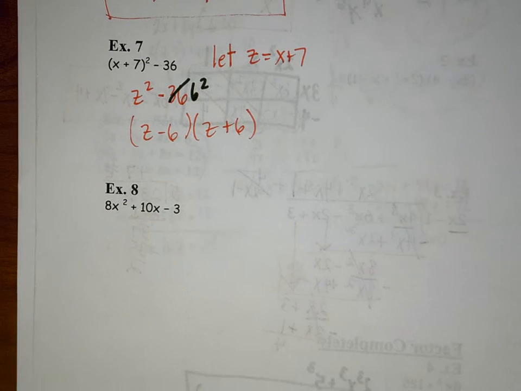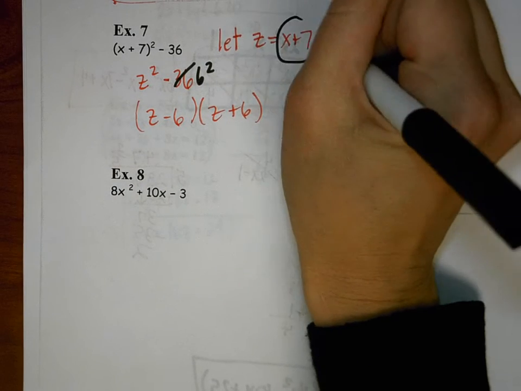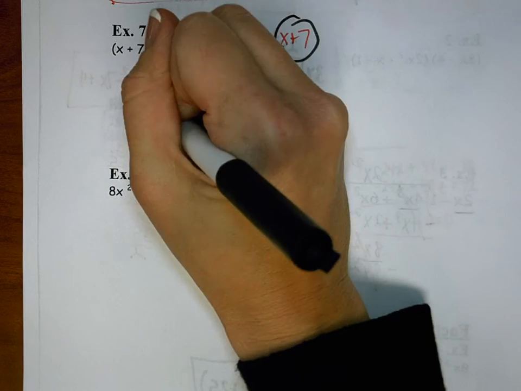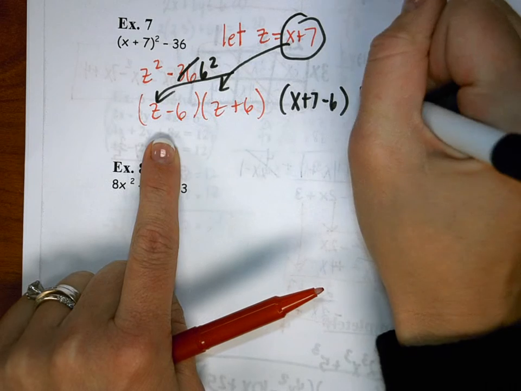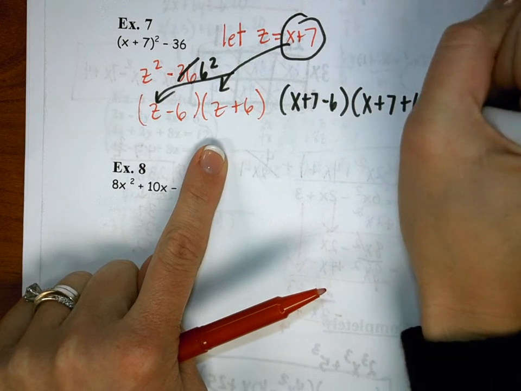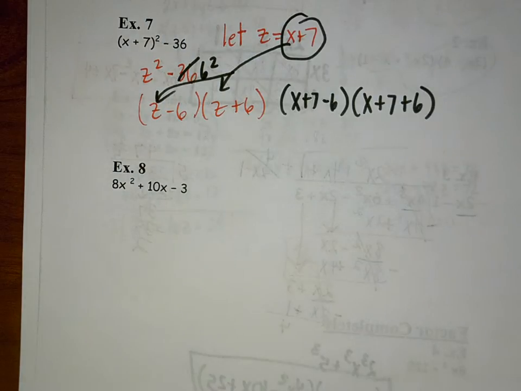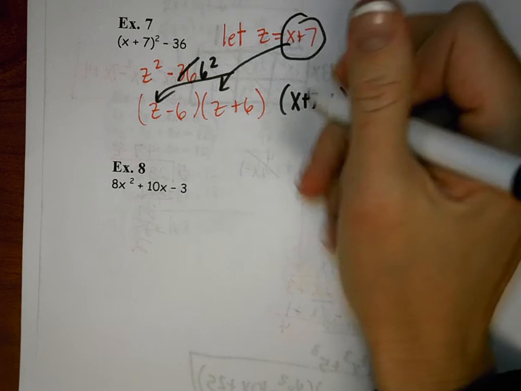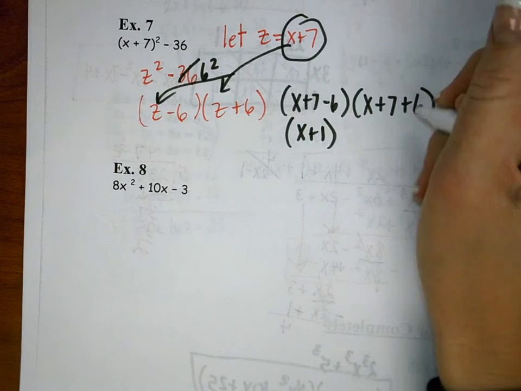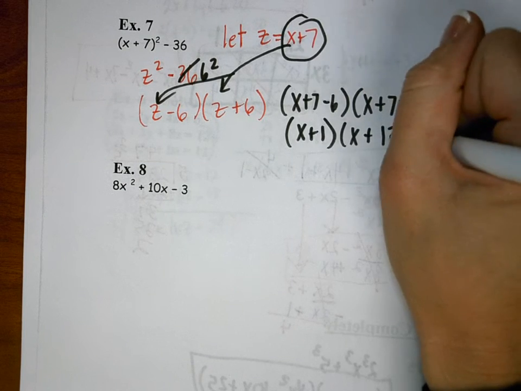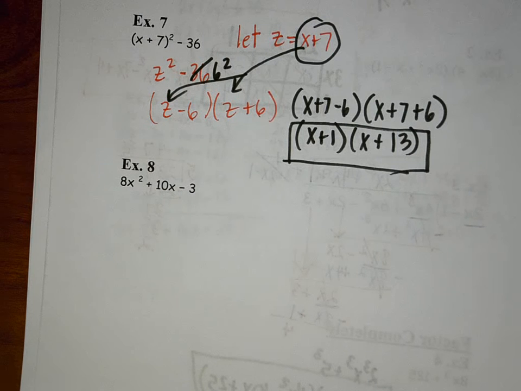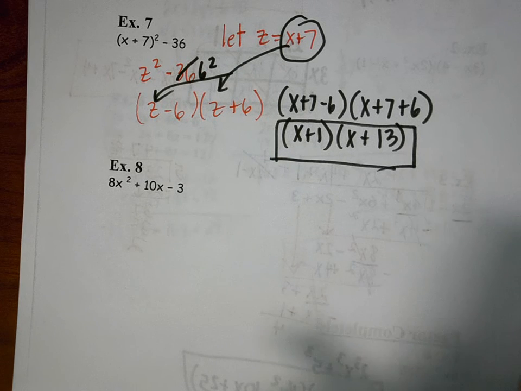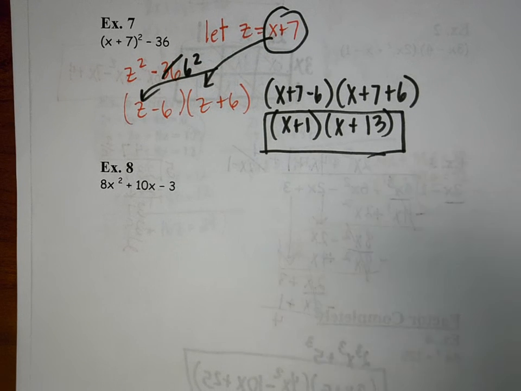What you need to remember is that you need to plug back in your x plus 7 for the z's. So when I do that, I have x plus 7 minus 6 and x plus 7 plus 6. And then you want to simplify. 7 and negative 6 simplifies to x plus 1, and 7 and 6 makes x plus 13. And that is your answer. Make sure you simplify it. Questions on 7? Okay, I'm going to go ahead and stop it and do the last one on it.